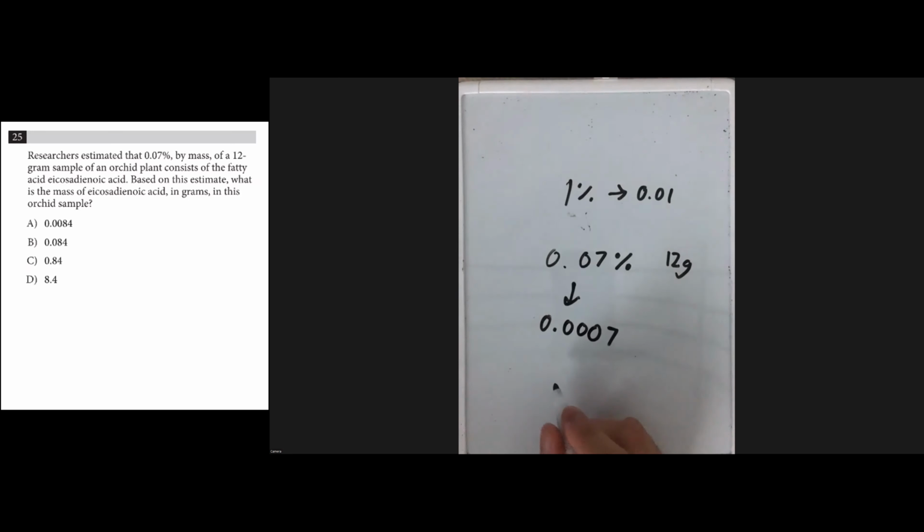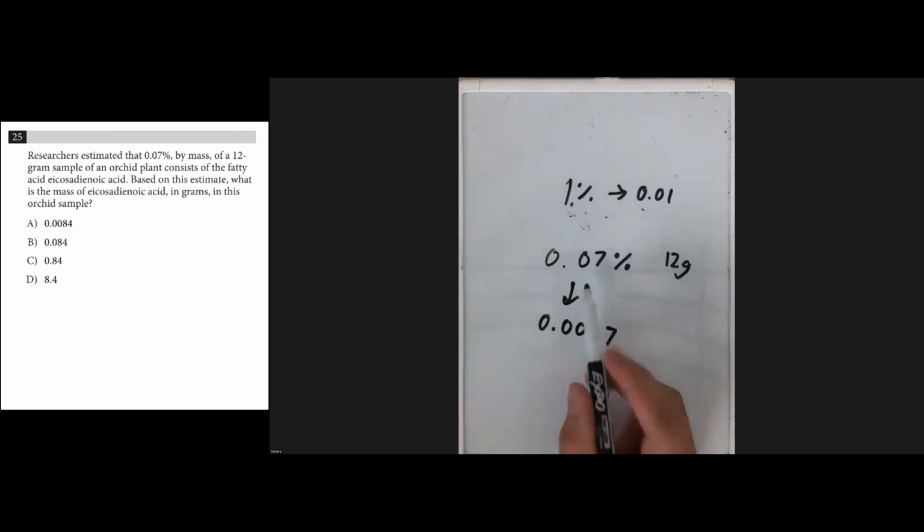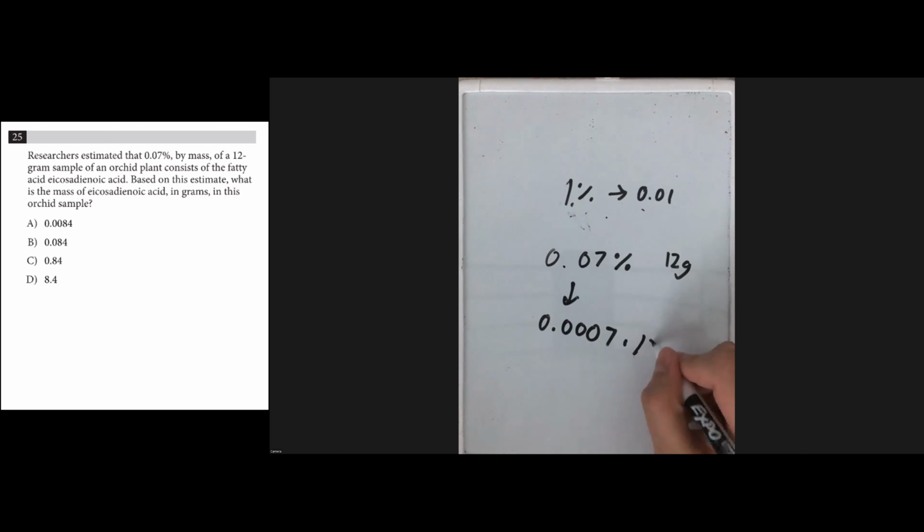So whenever you want to translate a percent, you just move the decimal place left 2 units. The same thing for this, we'd move it left 2 units, which would get us 0.0007 times 12, because it's 12 grams. That gets us 0.0084 grams, which would be answer choice A.